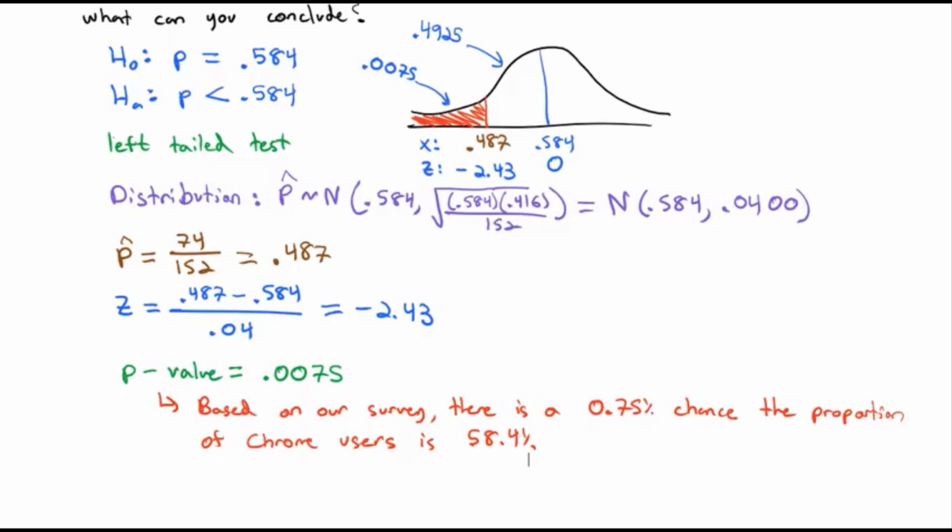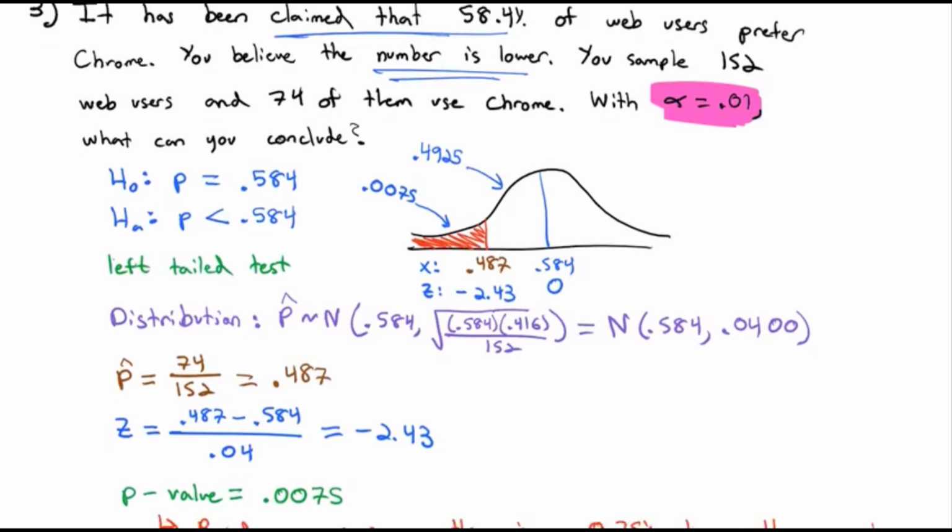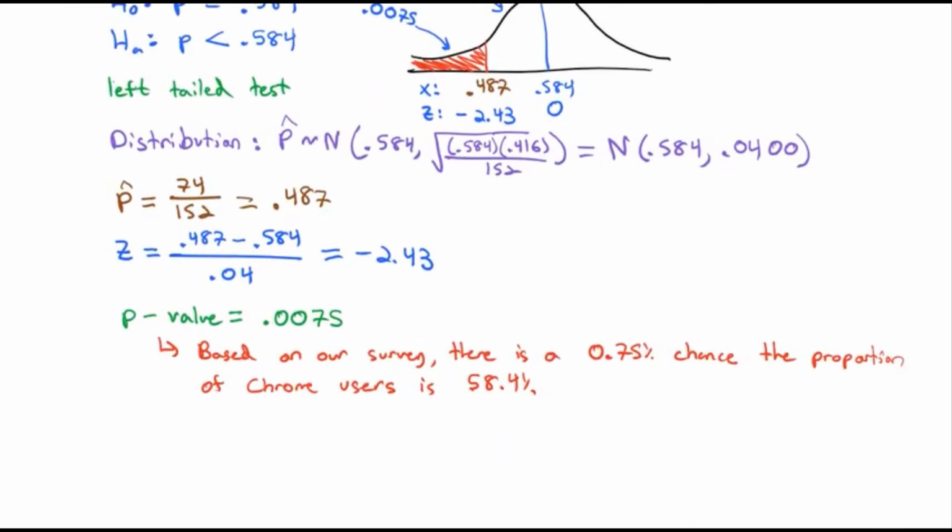That is a really, really small p-value. In fact, what's really important is when we compare that p-value to our alpha of 0.01. It is actually less than that alpha of 0.01, which means that's too much evidence to the contrary.